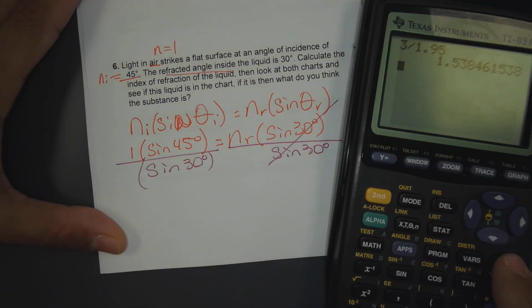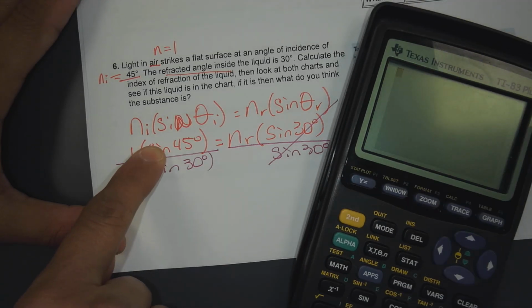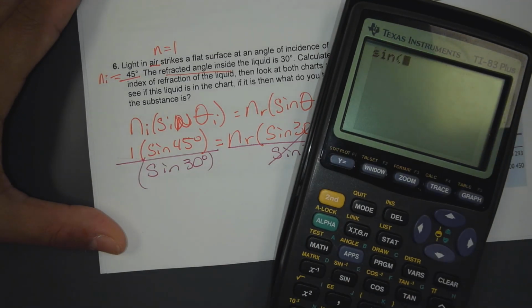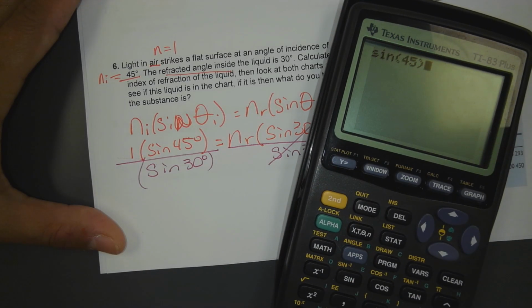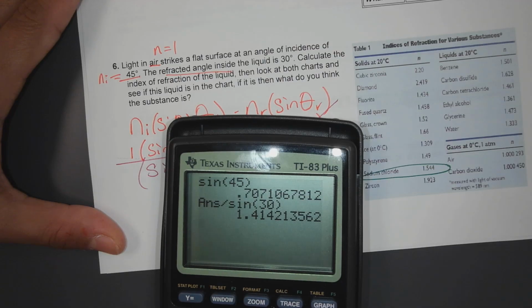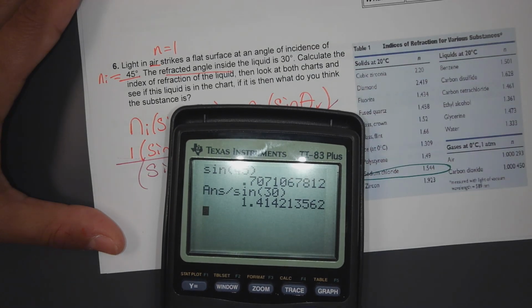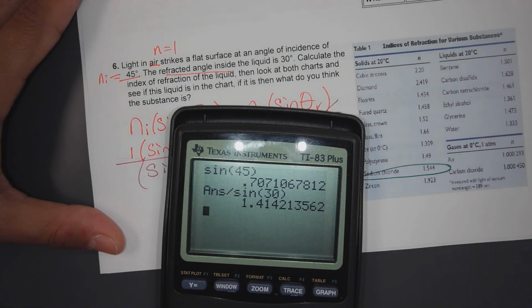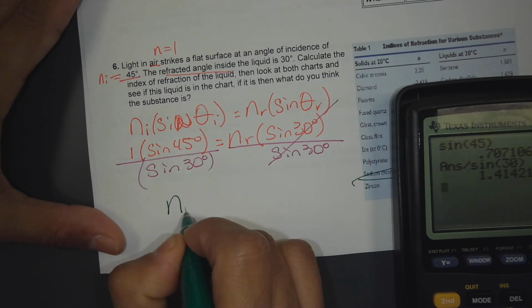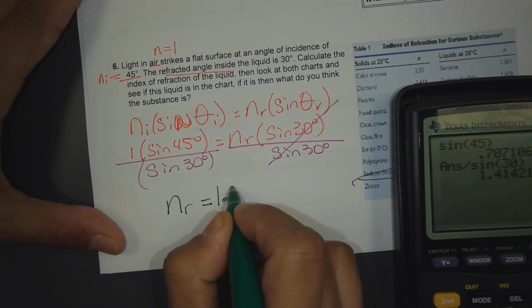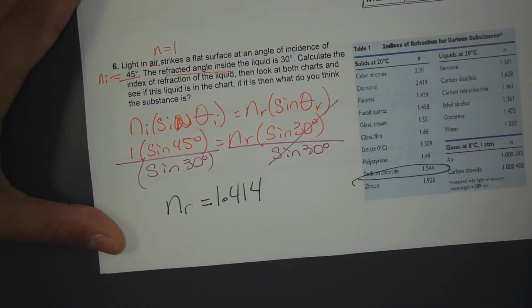I'll come over here, we can calculate that. The sine times 1 is going to be itself, so the sine of 45 degrees divided by the sine of 30 degrees, that's going to end up being 1.414. NR, or N2, is 1.414.